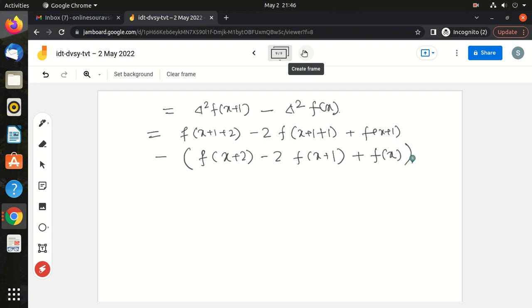Do you agree? So this actually gives you f of x minus f of x plus 3 minus 2 into, so this minus and this plus give you minus, so you get 3 times f of x.